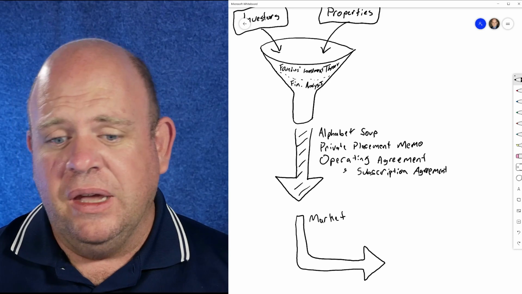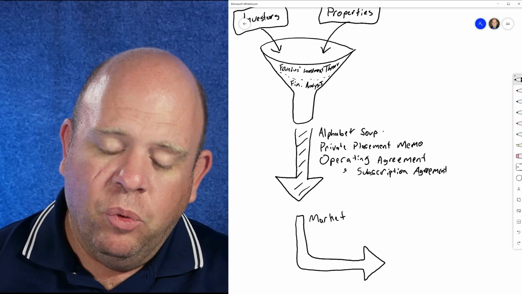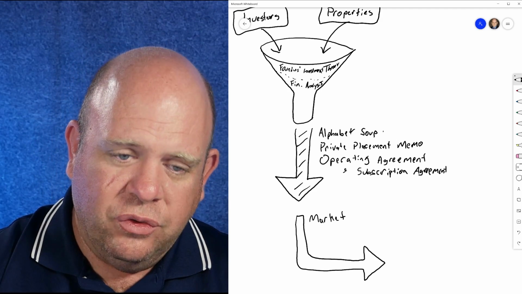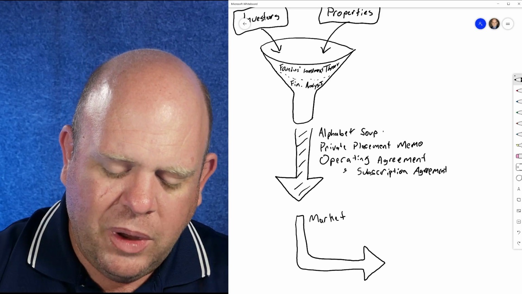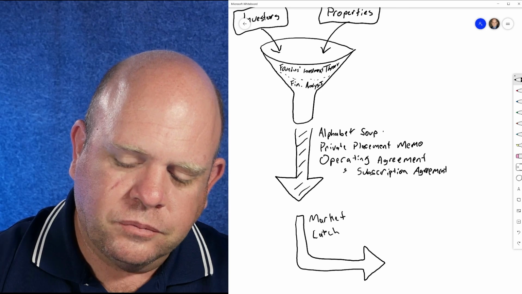And that can be different things depending on the decision that we made in this alphabet soup time. But we need to market the property. Then we need to take those investors, the ones that we've already identified and the ones that we'll find as part of our marketing as well, and we need to latch them on to the deal.